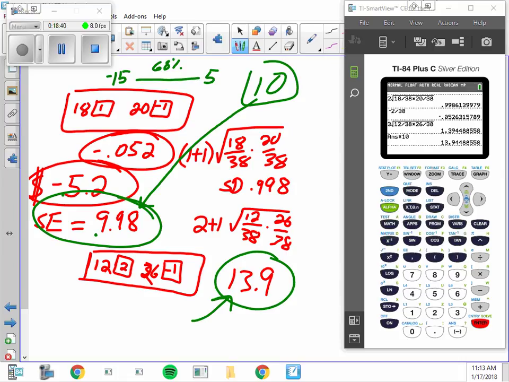Because we took the negative 5 and we added 10 and we subtracted 10. In the second one, 68% of the people are going to be between negative 19 and 8, right? And we want to know who is more likely to hit 10. Well, this is really close to 10, and this is not as close to 10.